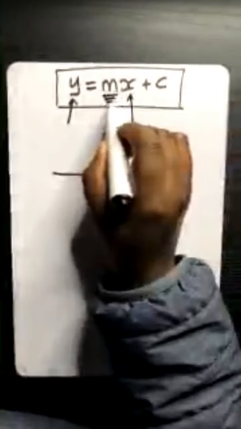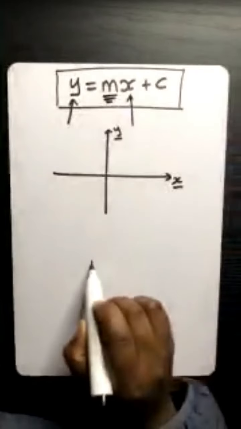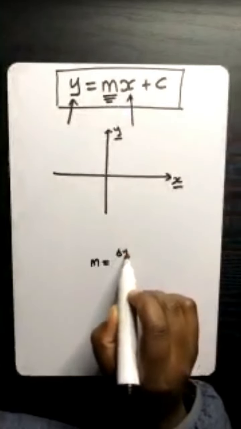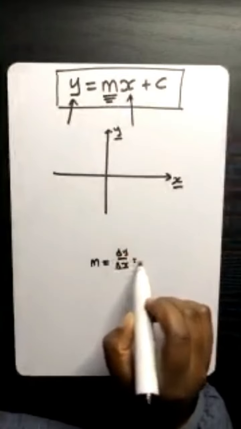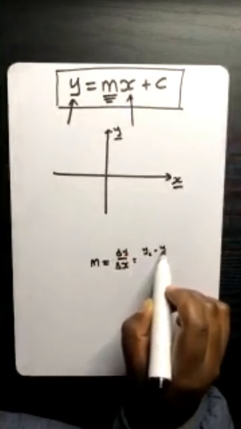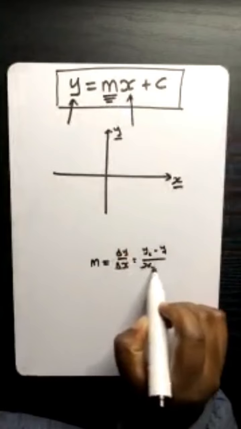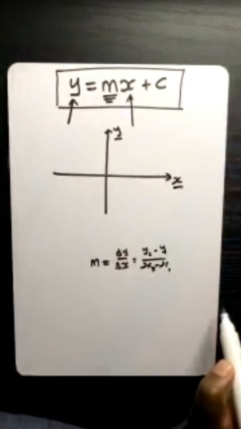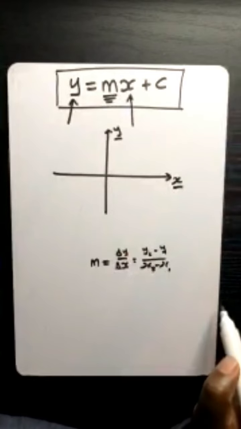We learned at the beginning of this lesson that m is the gradient, with the formula changing y over changing x, being y2 minus y1 over x2 minus x1.